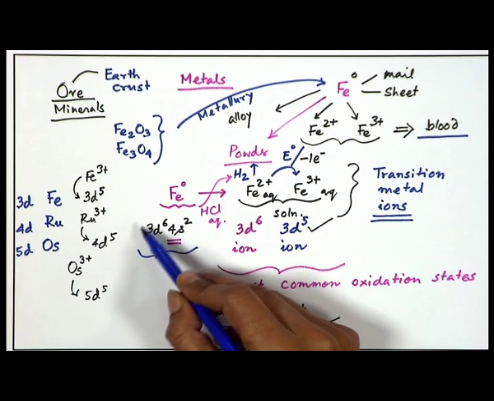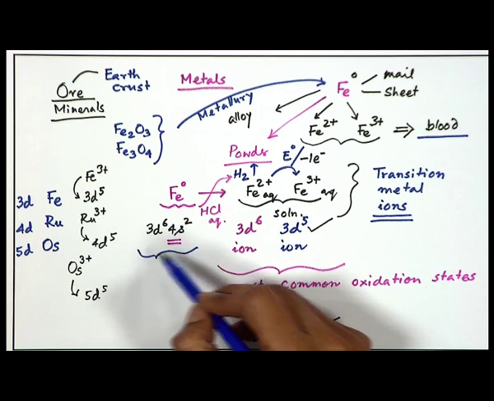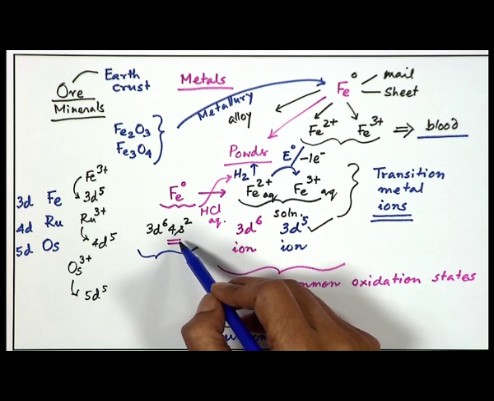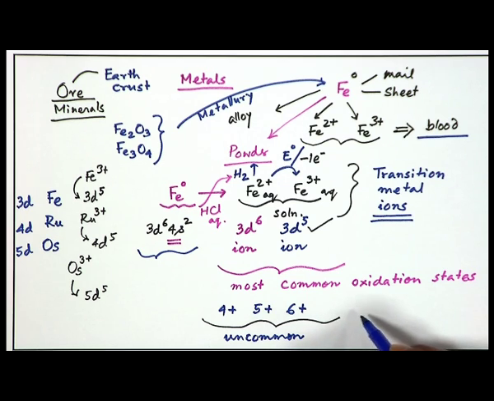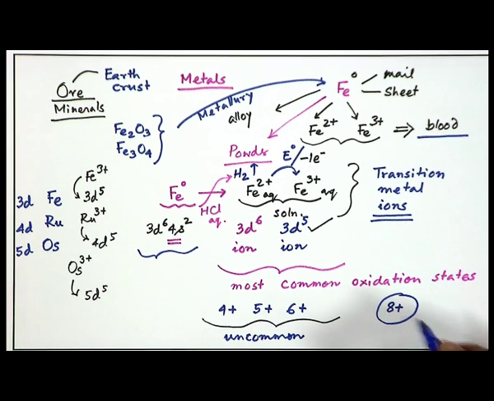If we remove all these electrons from the S shell and D shell, we will get something which is 8 plus. Whether we will get that is important to discuss, whether it is possible for iron and for all other elements.